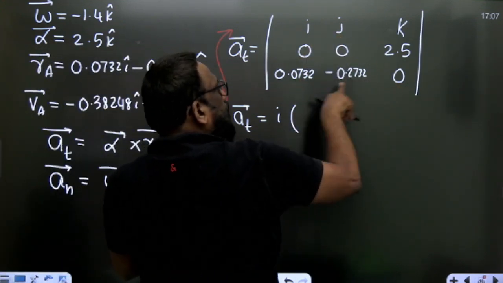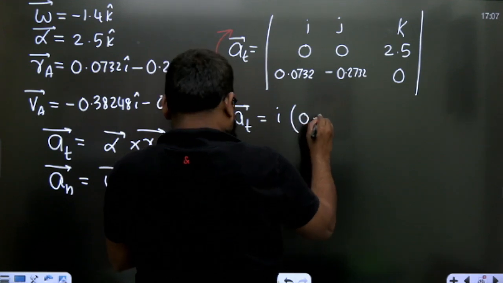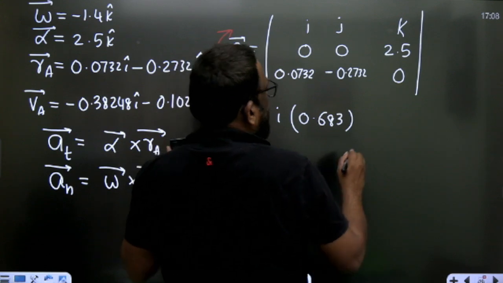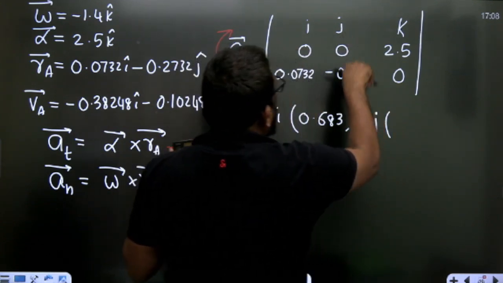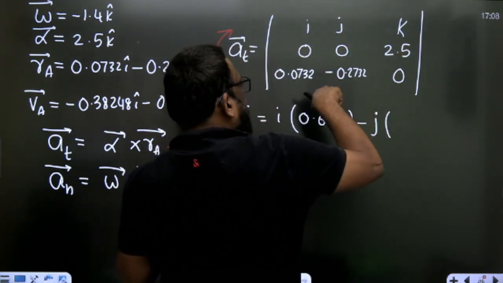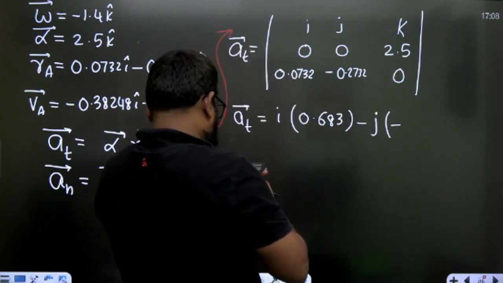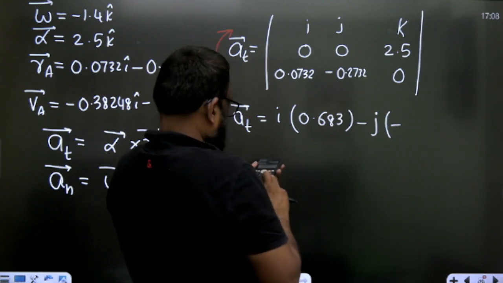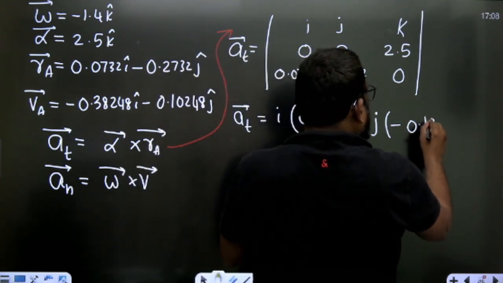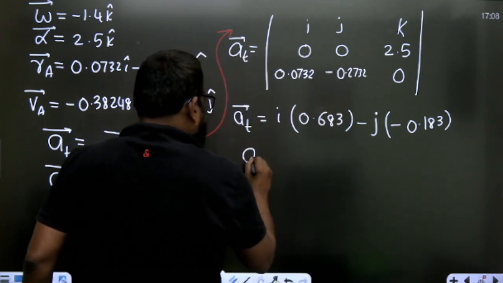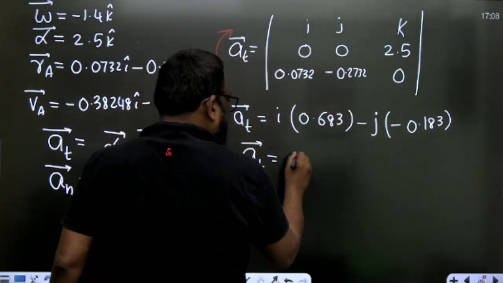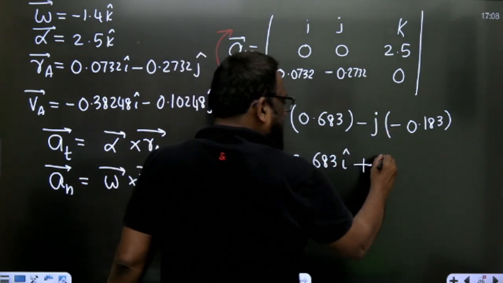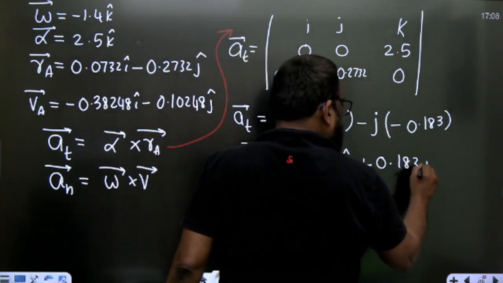Then minus j into 0, and 2.5 into 0.0732 gives 0.183. So the tangential acceleration of point A is given by 0.683 i cap plus 0.183 j cap.